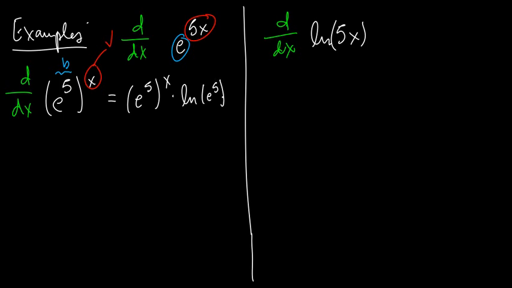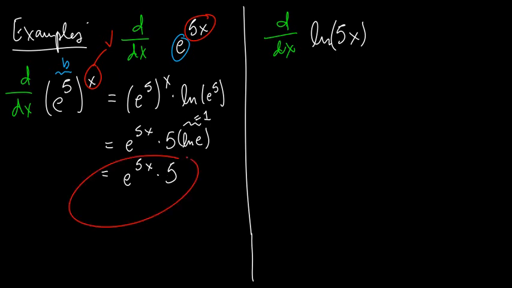In this case, it's e to the 5th power. But look further, this is e to the 5x, just putting it back together. But ln of e to the 5th, what can you do with the exponent? Bring it out to the front, 5 times ln e. But ln e is equal to 1. And so the final answer is e to the 5x times 5.